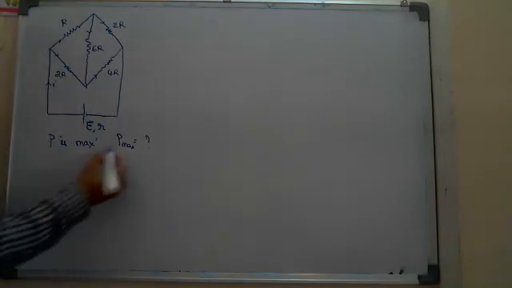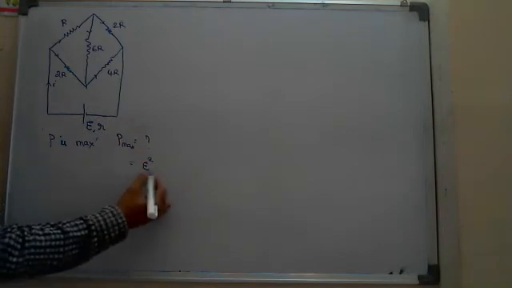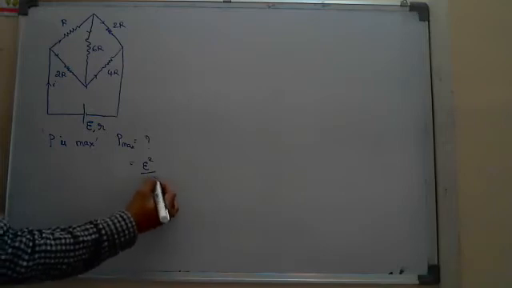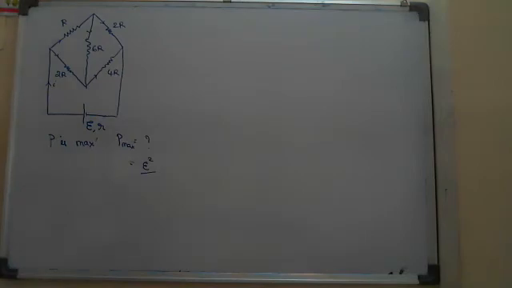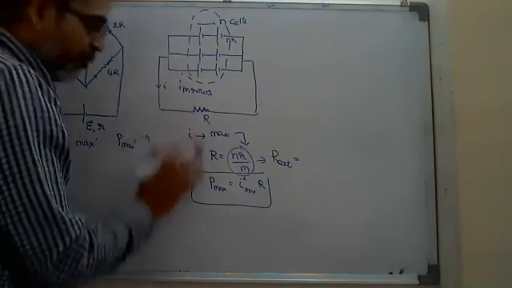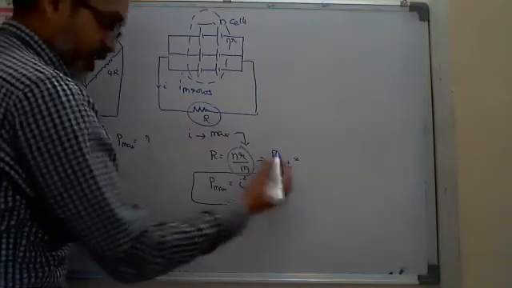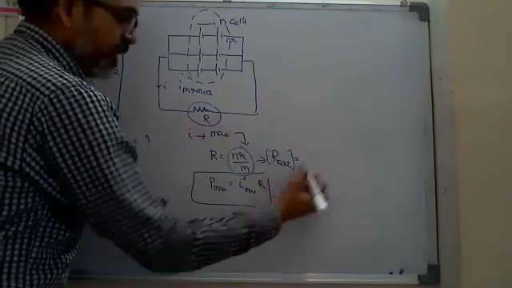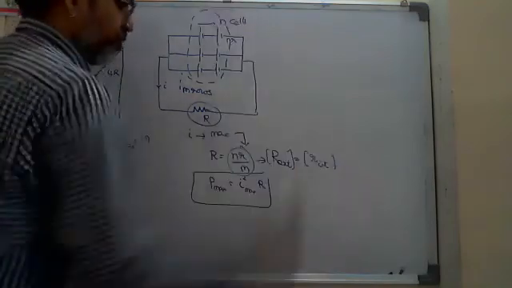That power maximum, you have to say using the formula V square by R, like E square by something, or E square into 2, or E square by root 2. Here, the current becomes maximum when the effective external resistance is equal to the total effective internal resistance.